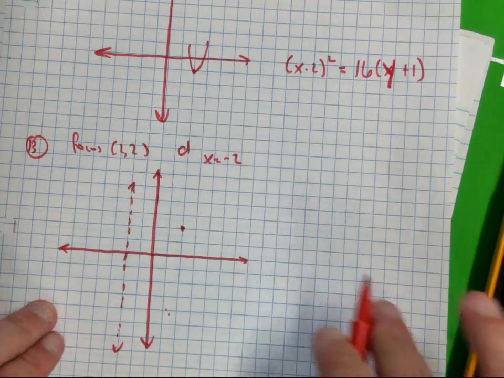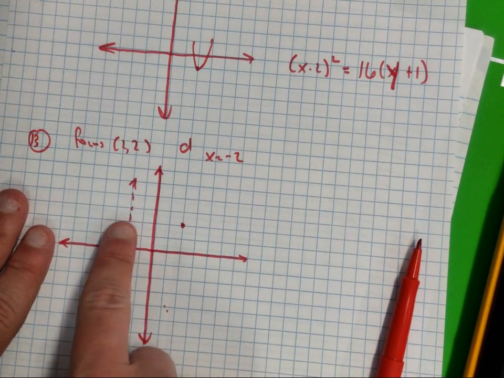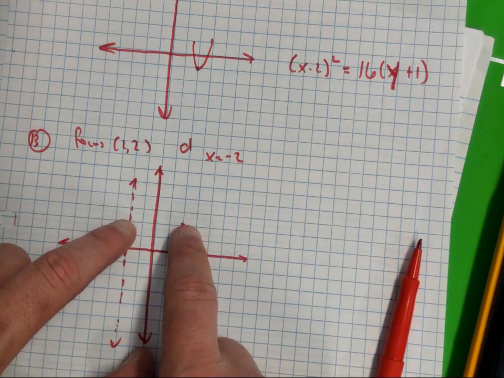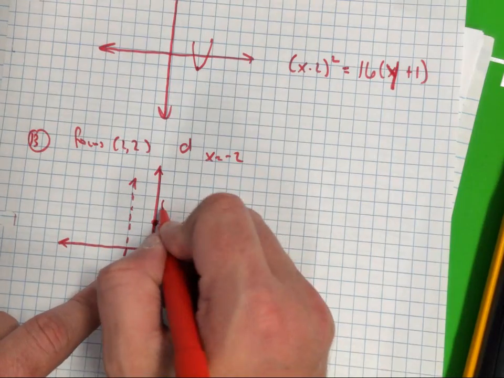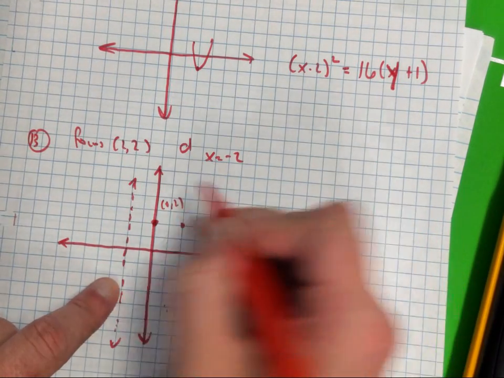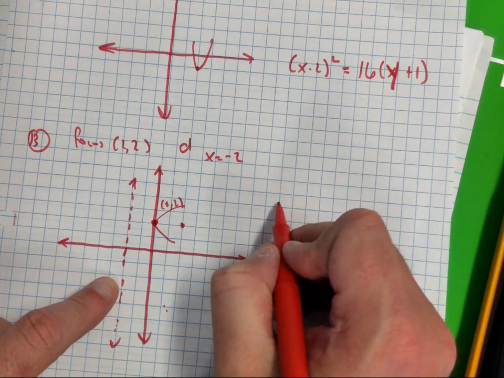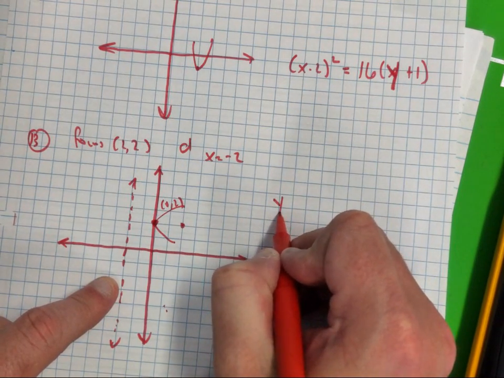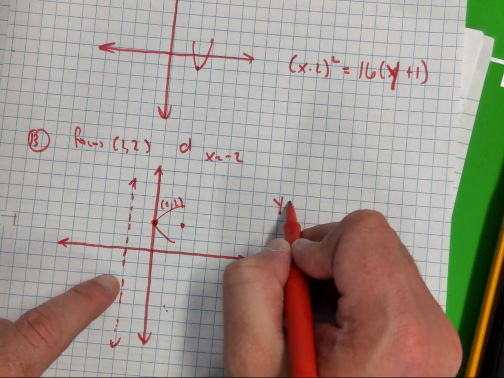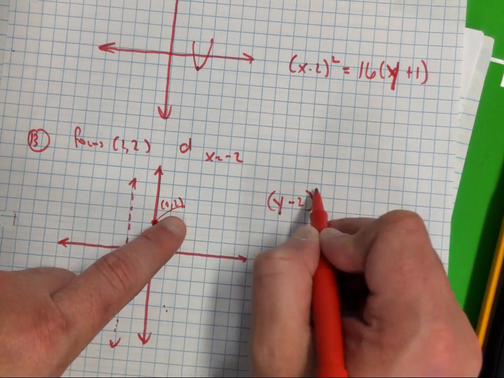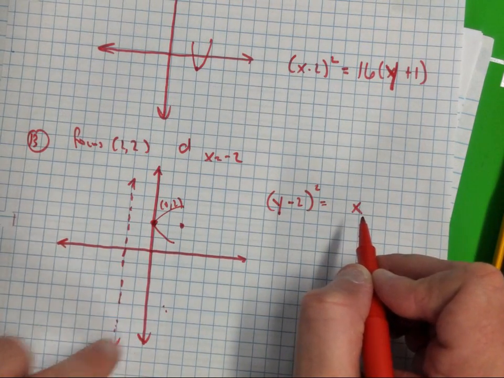Well, let's think here. The vertex is in between the directrix and the focus at an equal distance. So the vertex would be right here, (0, 2). And it's going to be curving back like this, so it's horizontal. So I'm going to start with my y. So y minus my y value here, squared, equals, I don't need parentheses, I just need an x.